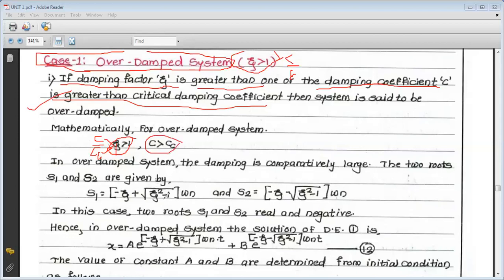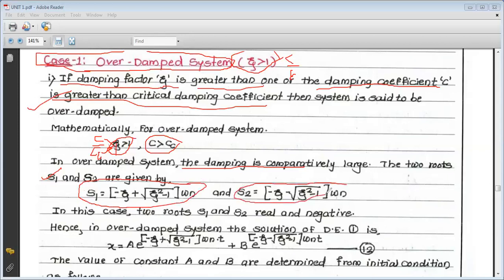Now in an overdamped system, the damping is comparatively large. The two roots of this system are given by, as we have seen, S1 is equal to minus zeta plus square root of zeta square minus 1 into omega n, and the value of S2 is minus zeta minus square root of zeta square minus 1 into omega n. So these are the two roots of the equation, S1 and S2.